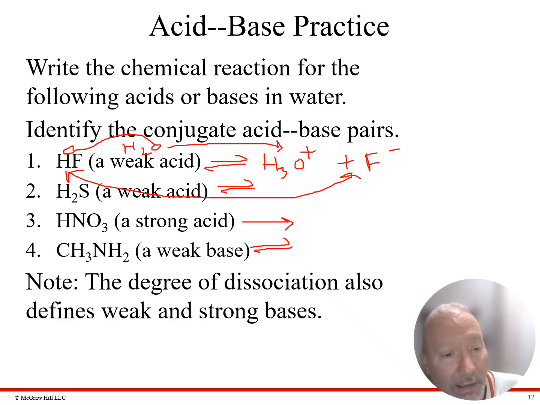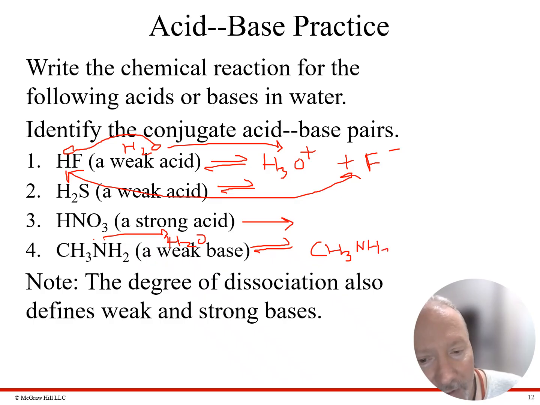Sometimes, let's take a look at what the base does. Remember, a base accepts a proton, and it can do that from water or hydronium, but let's just assume this is water, and it can come over here and take one of the hydrogens and then protonate this. This amine group gets protonated, so we have NH3 instead of NH2, and that is now positively charged.